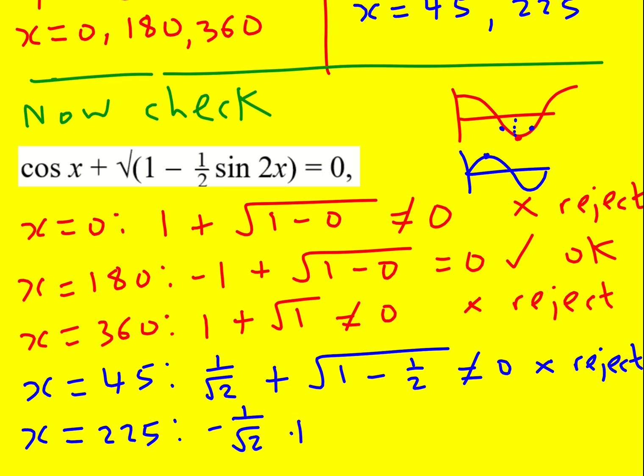And then I'm plussing the square root of 1 minus a half sine of 450. Now if we subtract 360 we get 90, so it's again 1 minus a half sine 90, which is just 1 minus a half, which is a half, and the root of that is 1 over root 2, so the total is 0. So this is okay.